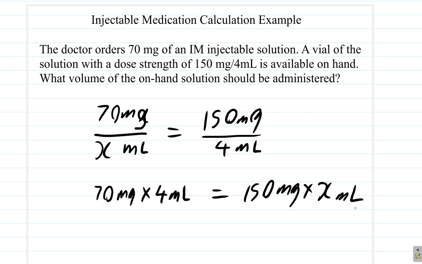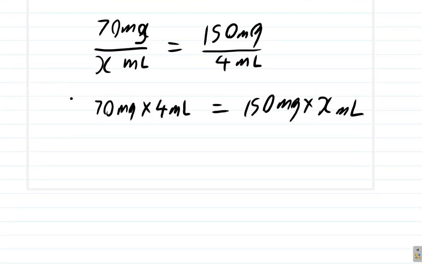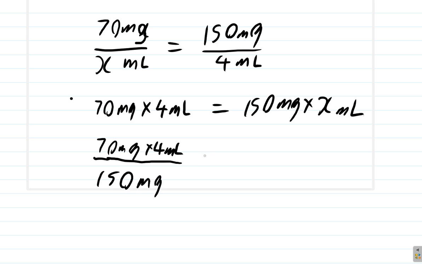Alright? So, if you now divide by 150 milligrams, you get 70 milligrams times 4 milliliters divided by 150 milligrams equal X milliliters. Now we'll have milligram cancel milligram, leaving milliliters.